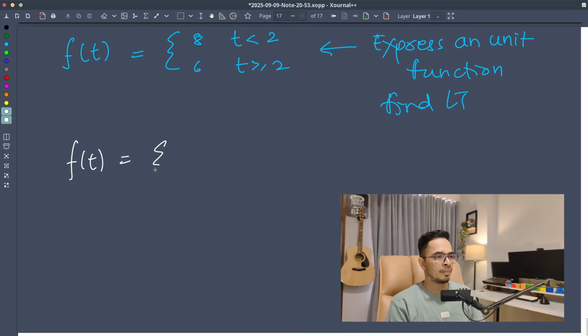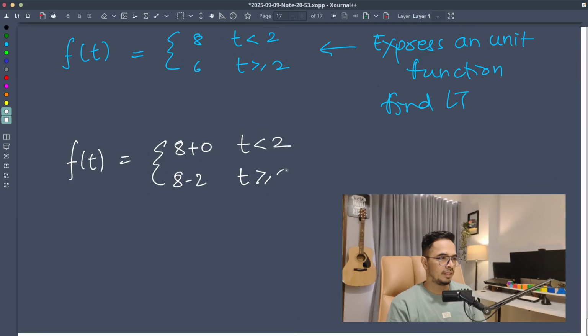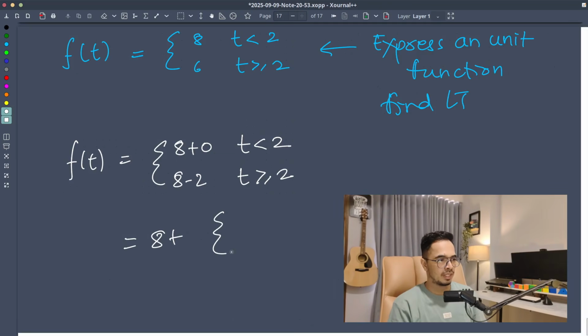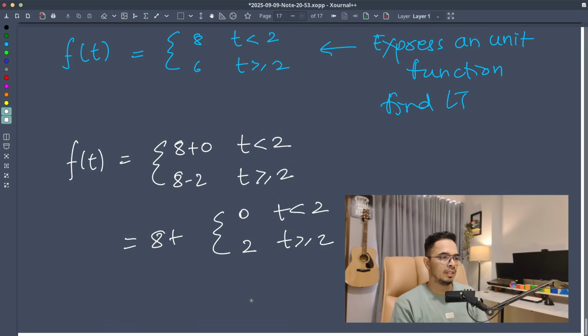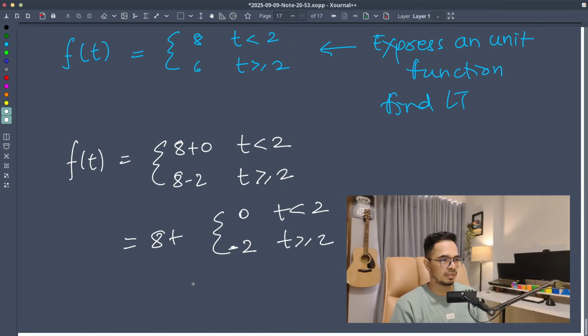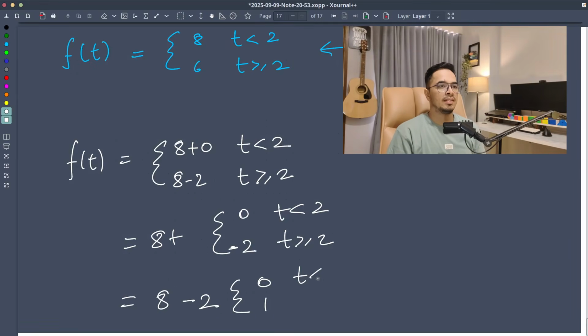We do that, and then we further simplify it by taking the minus 2 part outside, because we will then divide it and multiply by minus 2, and that is how minus 2 comes outside. And then we would be simply looking at 8 minus 2u of t minus 2. So this is the unit step function. This is how you do it.